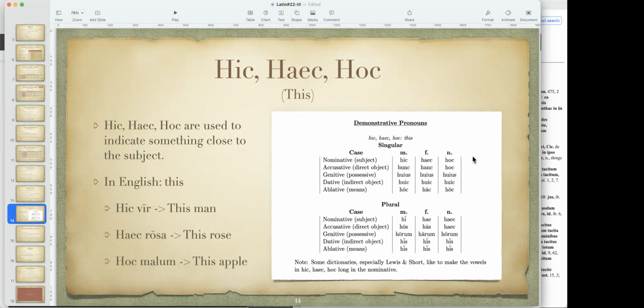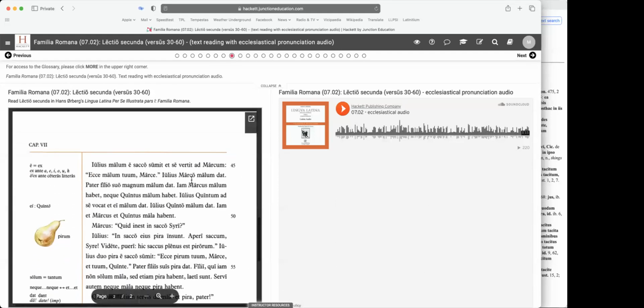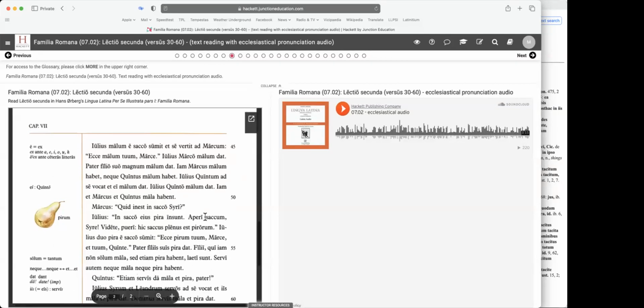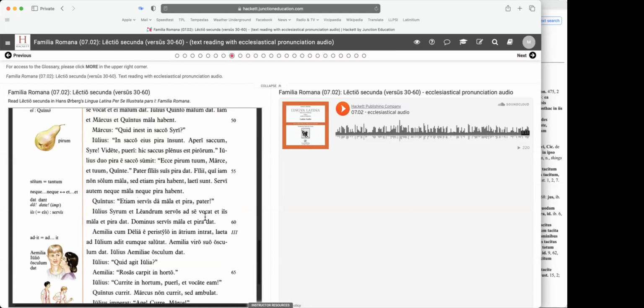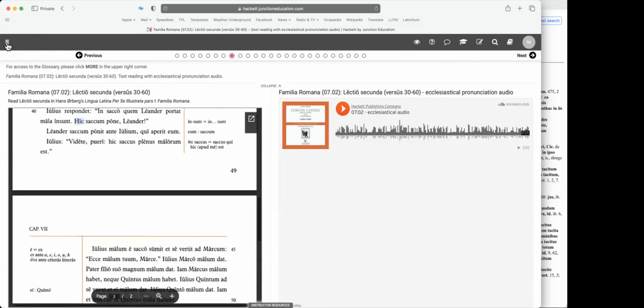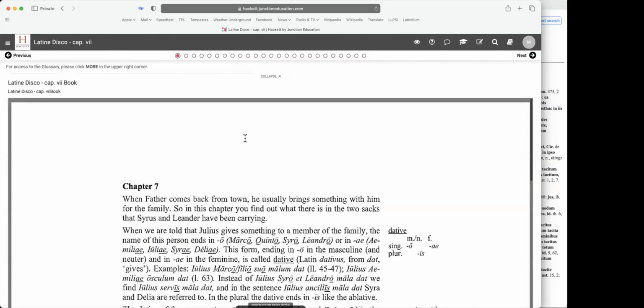But most of the time they're using the nominative form, as I recall, in this section. Let me bring it back up for a quick look. I think they have, yeah, and you can also look in the Latine Disco.